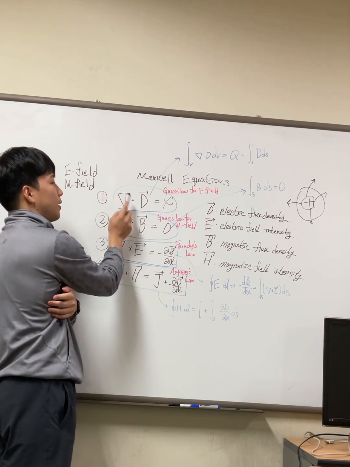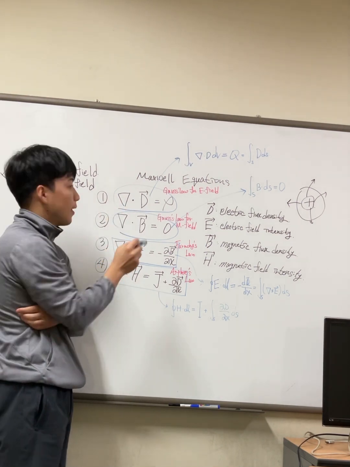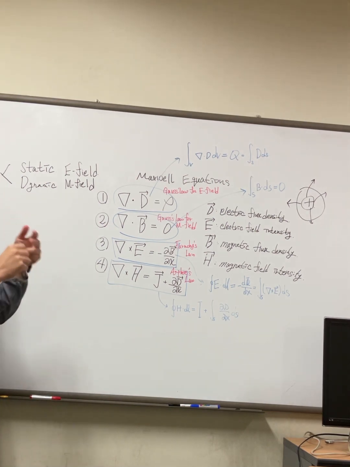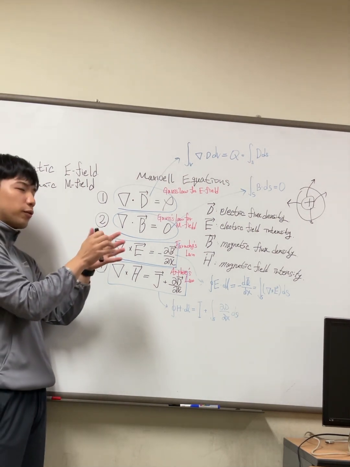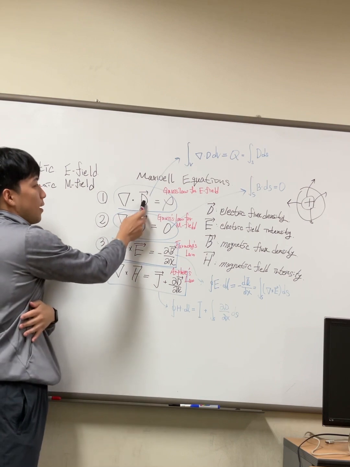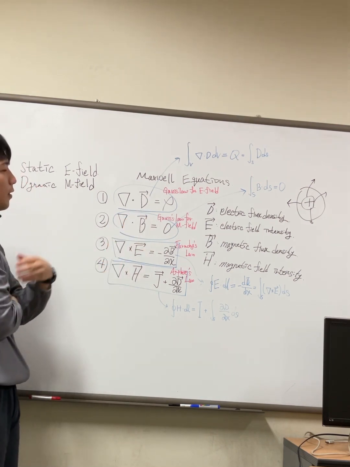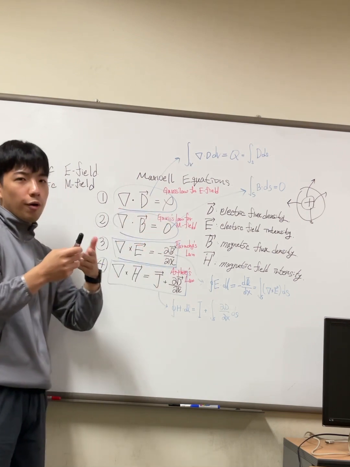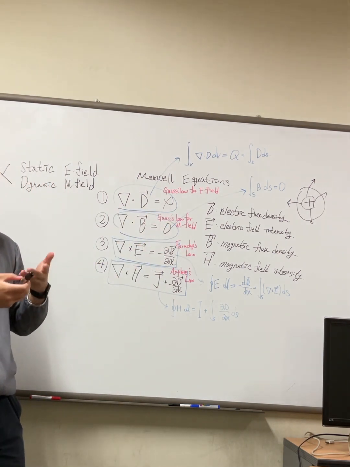This means divergence, and this means del. That means a difference here about the vector, and I will tell you about this equation more understandably.